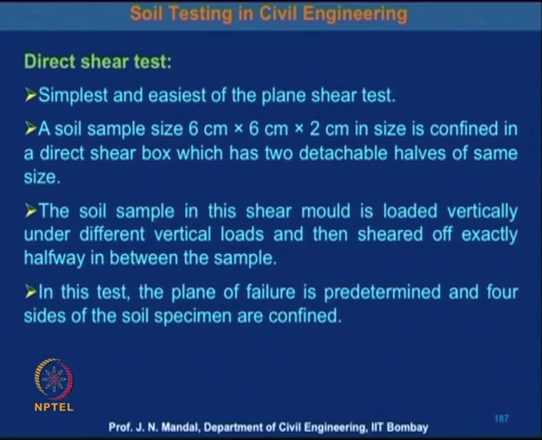The soil sample in this shear mold is loaded vertically under different vertical loads and then sheared off exactly halfway in between the sample. In this test, the plane of failure is predefined and 4 sides of the soil specimen are confined.